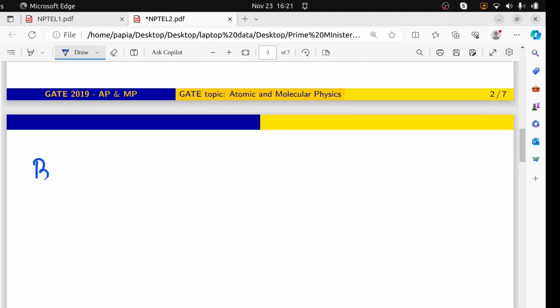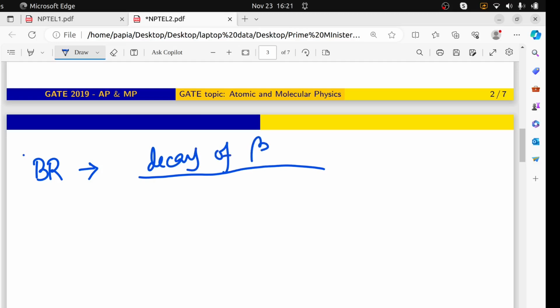Branching ratio, if I write here the definition, that can be written as, it is the fraction of particles which decays by an individual decay mode with respect to the total number of particles which decays. So mathematically, if I write it, it can be written as the branching ratio for beta particle: decay of beta, divided by decay of total.